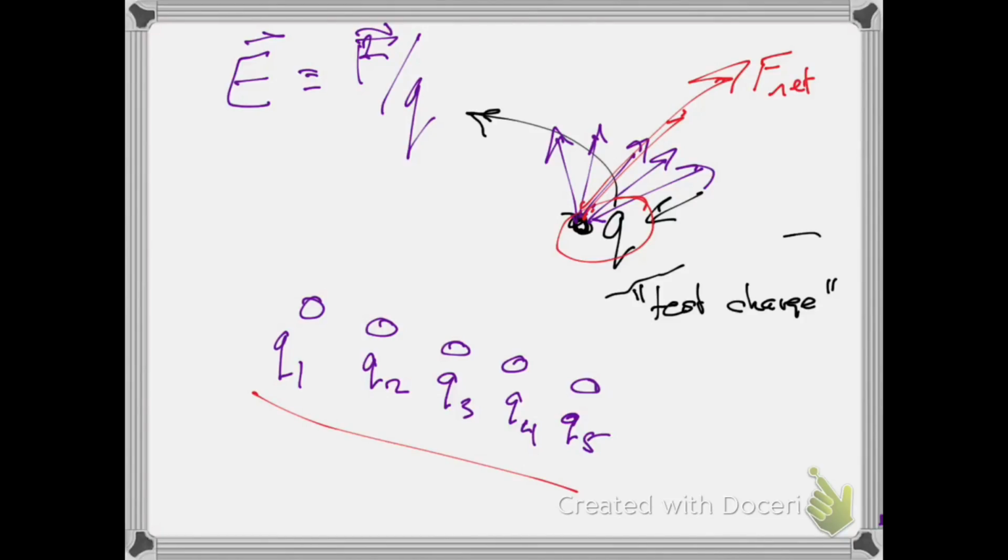And then note that what we started with was, of course, that the electric field of a point charge is kQ over r squared r hat. But that's just the electric field of a point charge.